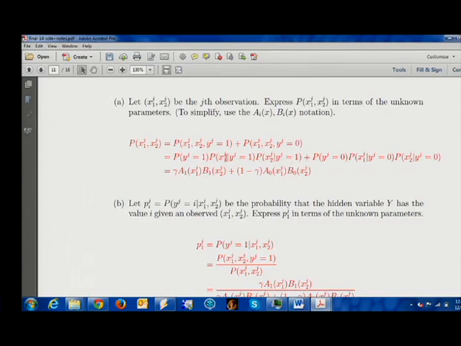I'm doing it here for y equal 1, and here for y equals 0. This is just putting in the notation that I used before. Questions? No questions.